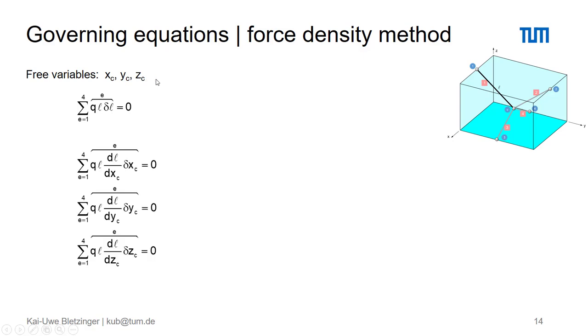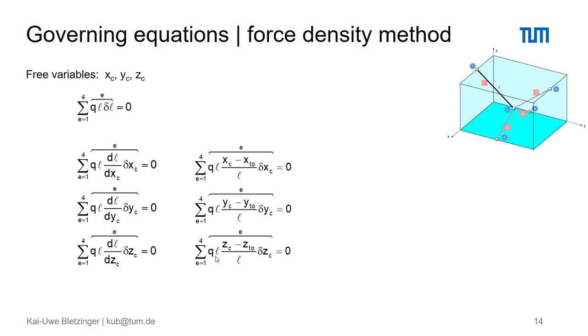That means you end up with 3 equations where we look into the variation of these 3 variables and how that affects the variation of the length, the chain rule. And you see we have already prepared on the previous slide all these derivatives of the length with respect to the 3 coordinates, and we simply may substitute them in here. We do that in the next step.